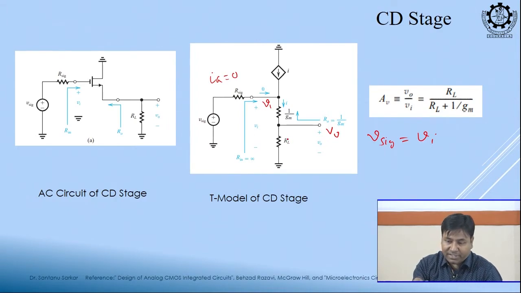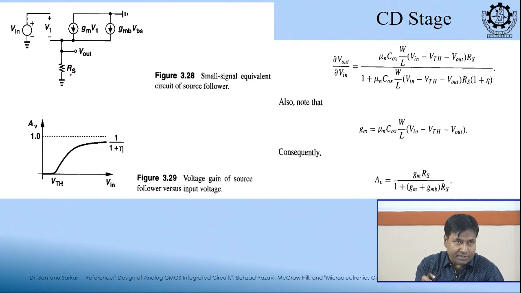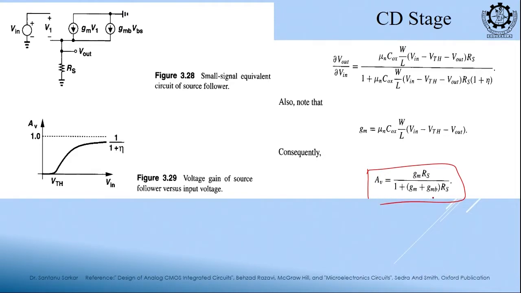You can term this as RL, or you can also term this as Rs, both are okay, since you are taking output from this source resistance. In one book they have termed it RL, load resistance, in another book, as it is connected to the source, they have termed it Rs, but the expression remains the same, Gm Rs by 1 plus Gm Rs.